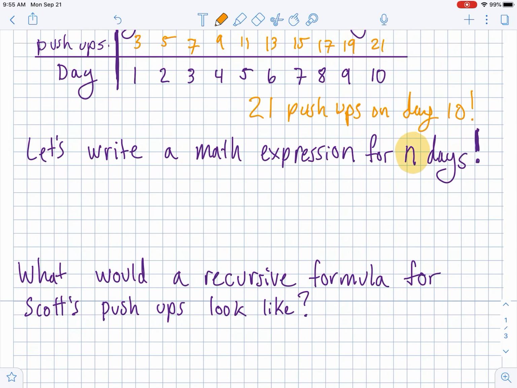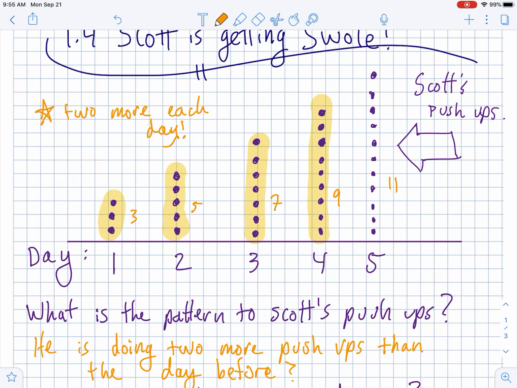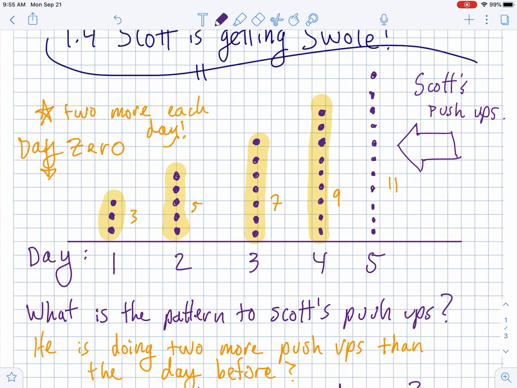To be able to get this equation, I think it's useful to go back to this, and you kind of have to think about day 0. About how many push-ups he would be doing on day 0. So you have to go back a step, and instead of adding 2 push-ups, you subtract a push-up. So on day 0, he's doing 1 push-up.